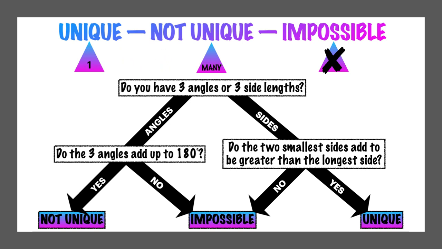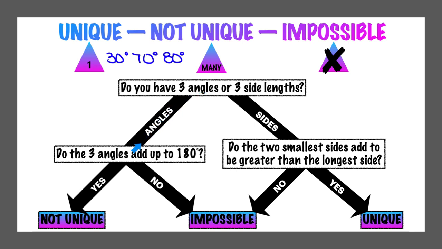Okay, let's look at number 2. We have 30 degrees, 70 degrees, 80 degrees. So, first question, are they angles or sides? Daniel? They are angles.